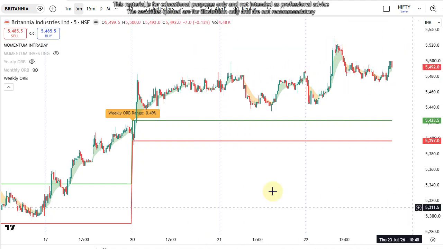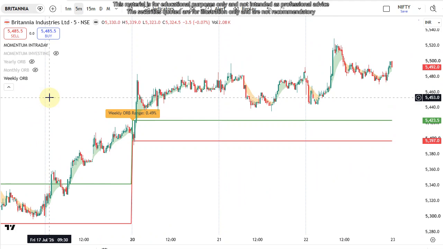So this is it. All these strategies is based on probability only. There is no performance guarantee. Past performance will not guarantee future performance. Also, all this is for educational purpose. The stock shown here is for illustration only and not recommendation. You have to do your due diligence of fundamental and technical analysis related to this, and then take the decision based on that only.